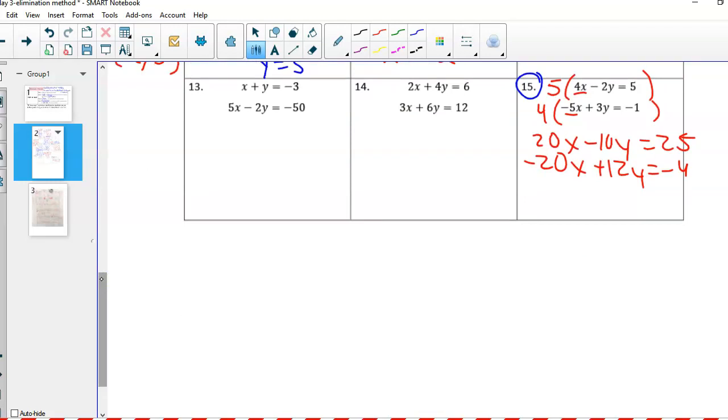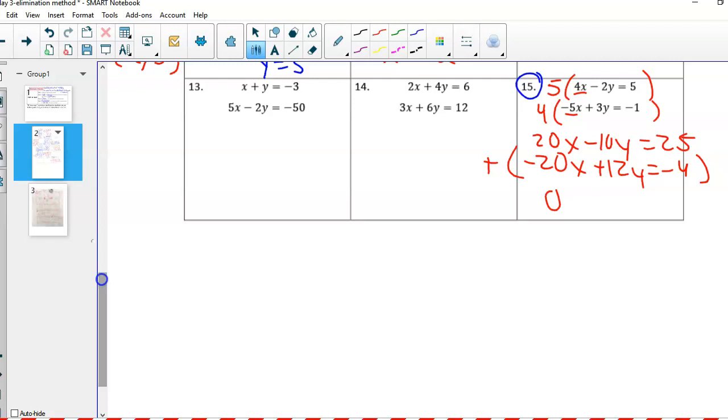Okay. How would we combine these x's? Add. In this case, we need to add them. I just said subtract because I thought... In this case, if we were to subtract 20 minus a negative, we would end up with negative 10.